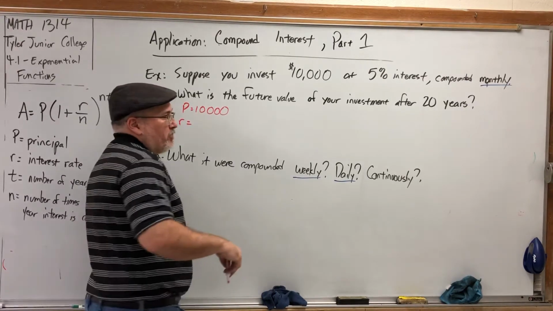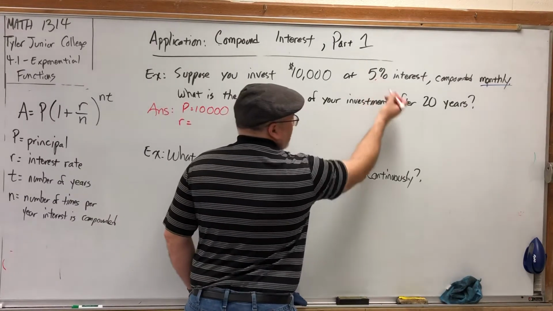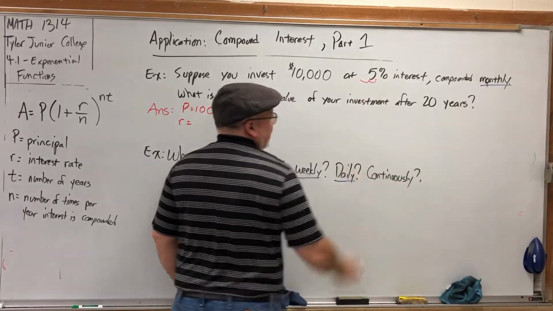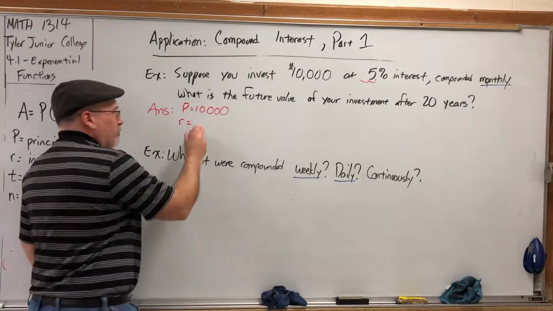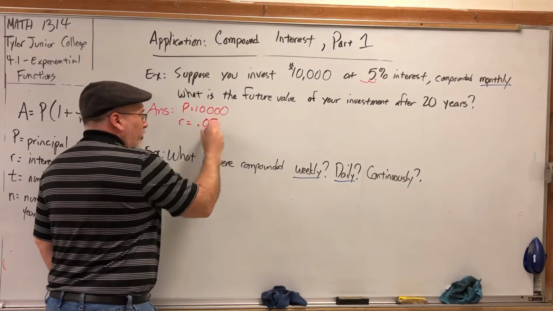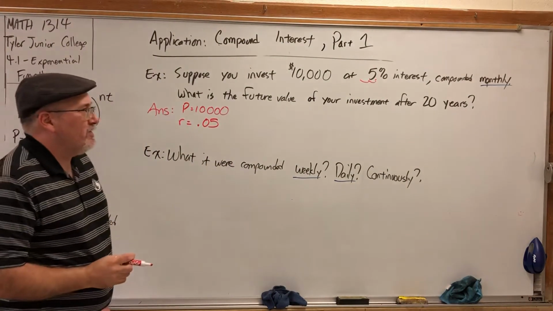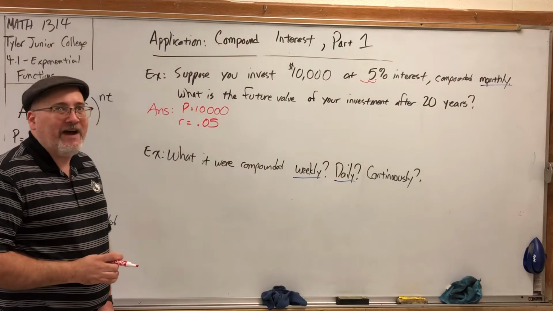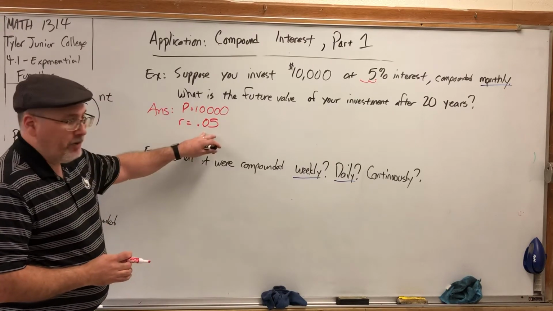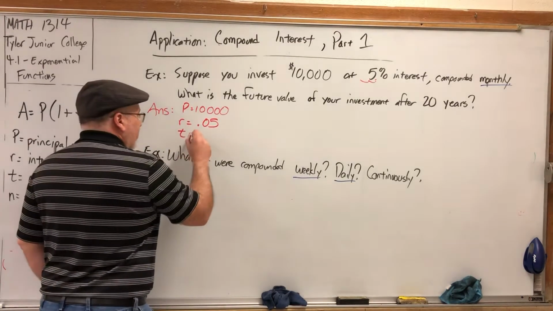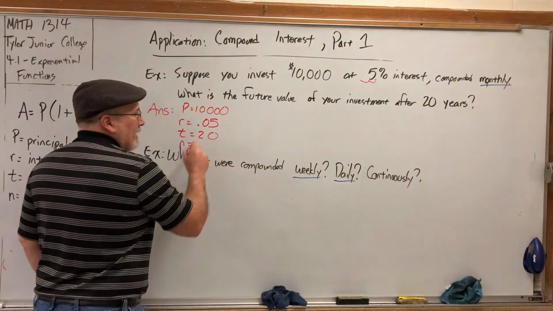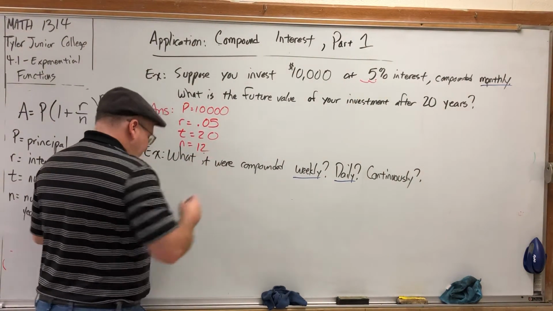To turn a percent to a decimal, locate its currently existing decimal and move it 2 places to the left, which in this case would give us an interest rate of 0.05. Since percent literally means per 100, that is 5 per 100, or 5 hundredths. Our time is 20 years, and because we're compounding interest monthly, then n is equal to 12.